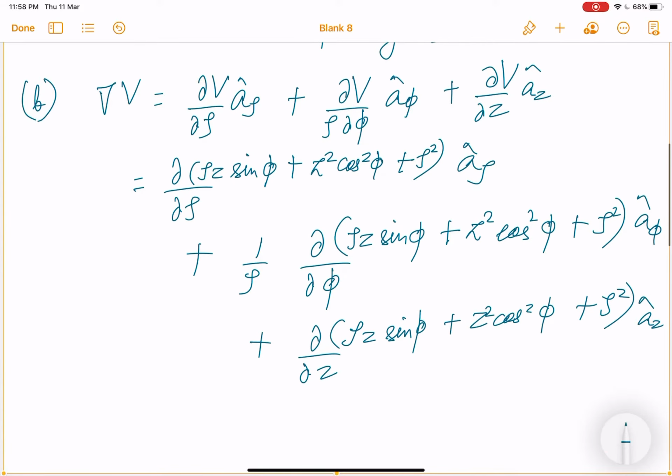Now differentiate the first term, where ρ is differentiated and the others are constant.